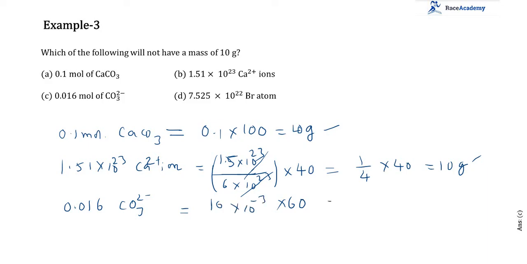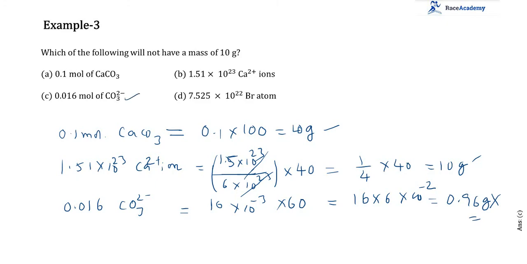So moles into formula mass is the mass. It will be 16 into 6 into 10 power minus 3 minus 2, that is equals to 96 by 100, which is 0.96 grams. So it is not equal to 10 grams. It is the right answer.